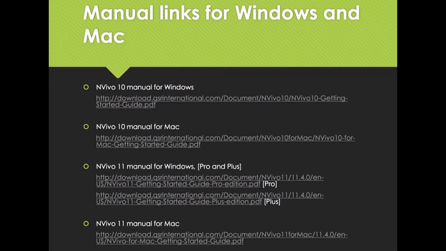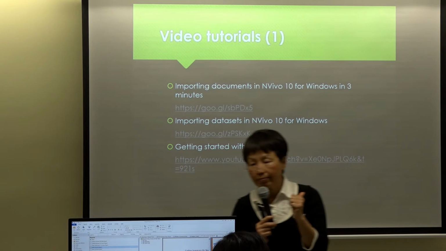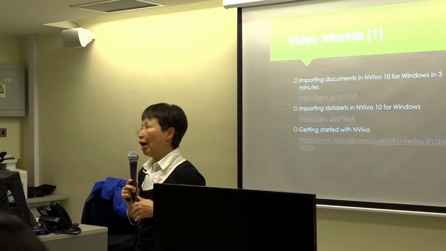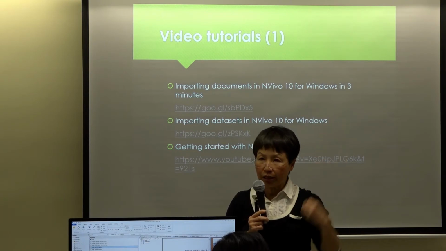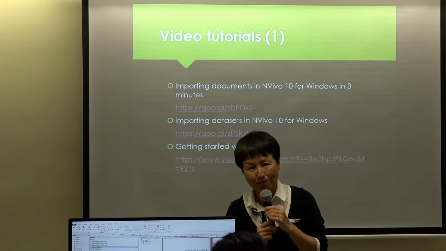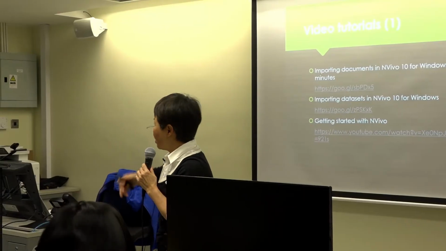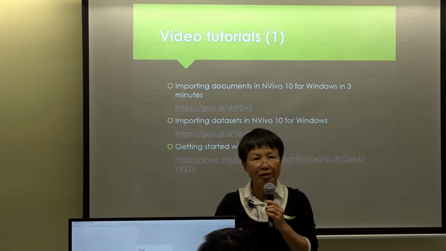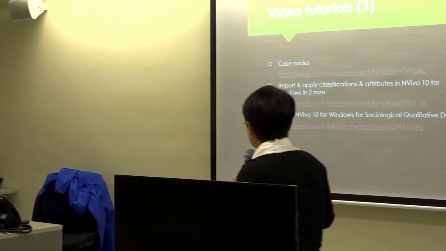They are very similar in many features. Unless you are working on social media, then you might want NVivo 11, because it can capture the data with the click of a button. But in terms of the coding, the analysis, and queries, they are quite similar in features. So don't worry about NVivo 10 or NVivo 11.